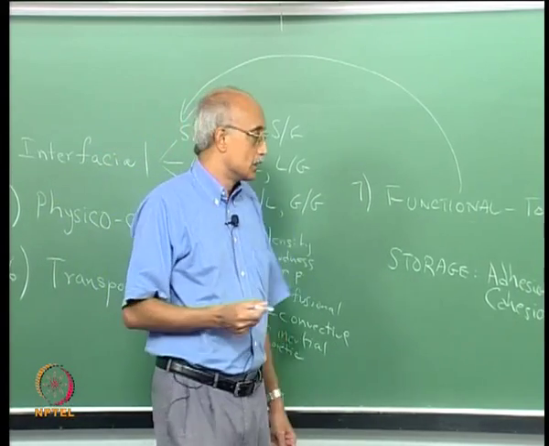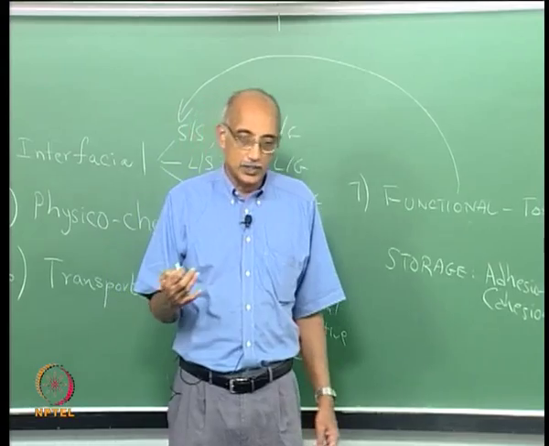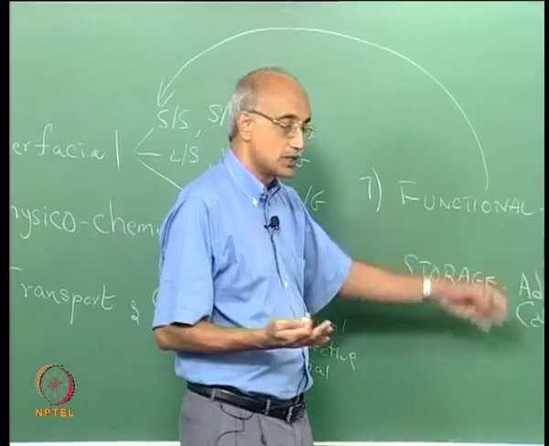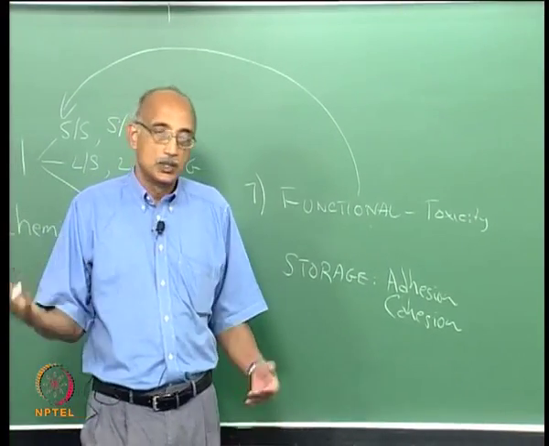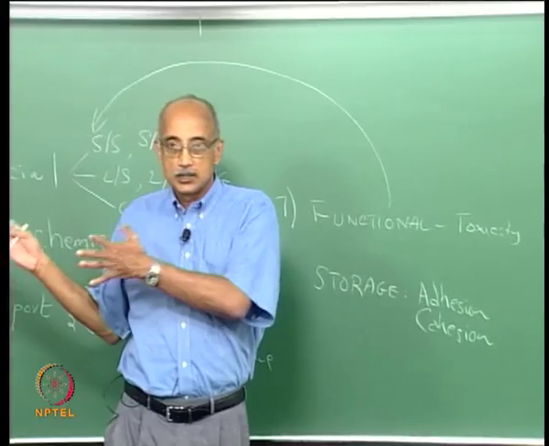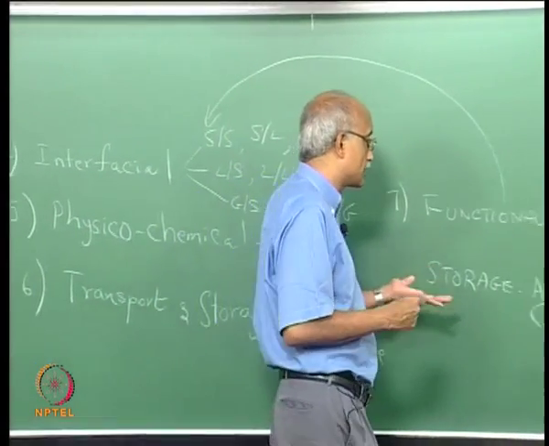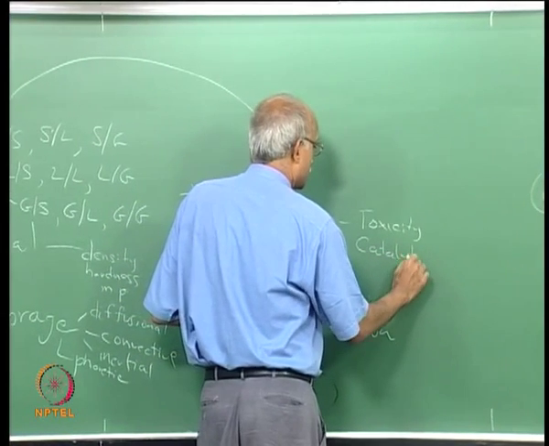Now when we talk about functional effects, again it can be something that is desirable or something that is undesirable. So something like toxicity is an undesirable functional effect. So you would want to do your characterizations and other steps to minimize it. On the other hand, the functional effect may be, let's say, catalytic effectiveness.